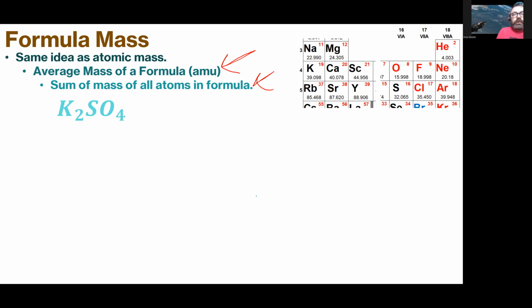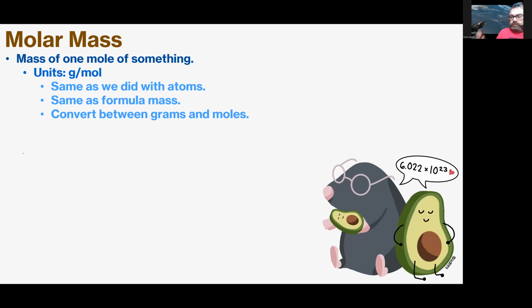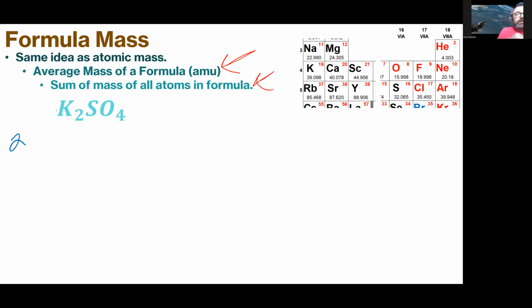So we have two potassiums. Each potassium is 39.098 AMU. We have one sulfur. You don't just have to show the one, I'm doing it for completion here.